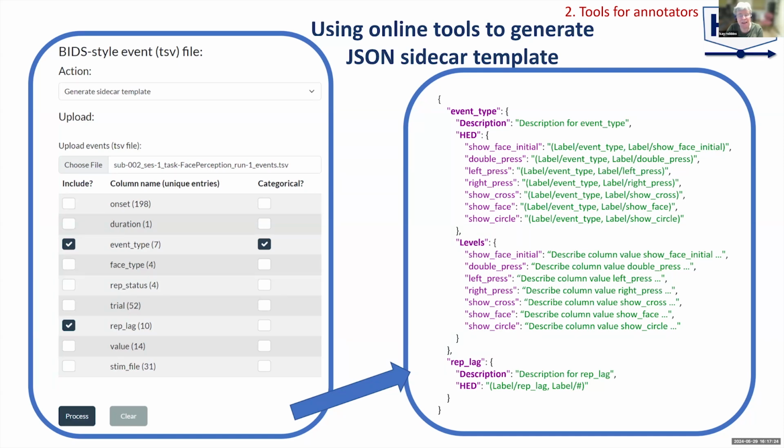It still has in the dummy annotation the label rep leg, so it's naming the column, but it's a label with a number sign. And what that says is when it comes time to assemble the annotation, substitute in the event file value at that row for that number sign. So you get a unique annotation for each value.